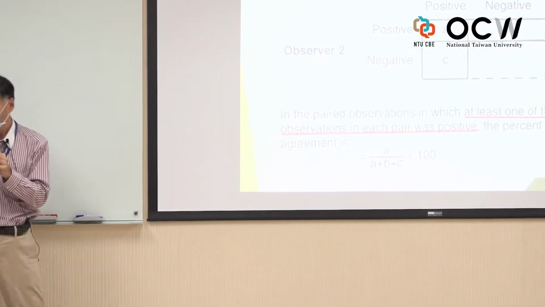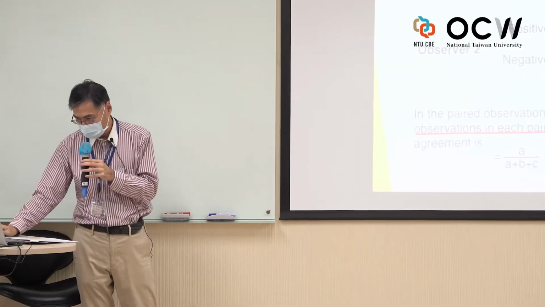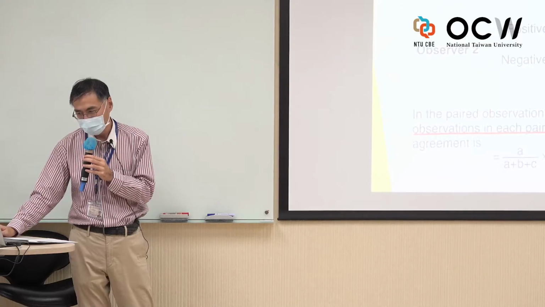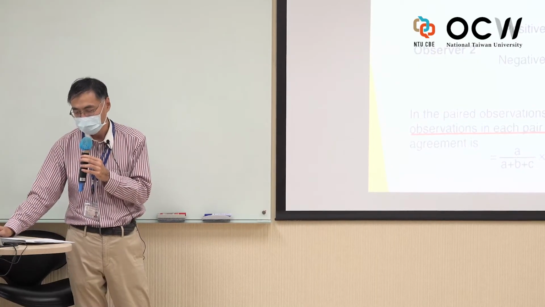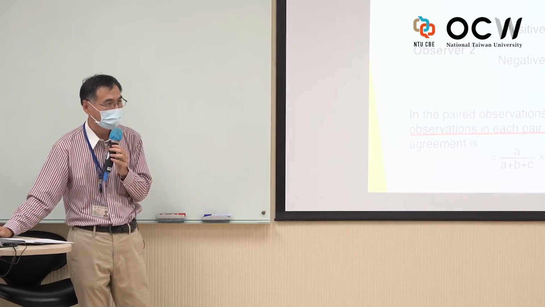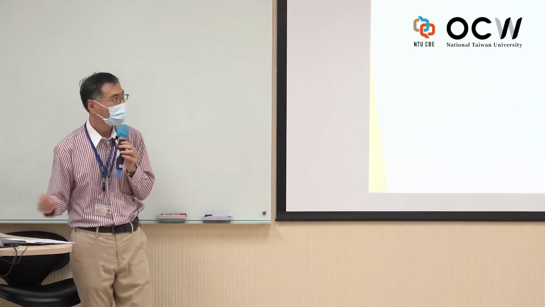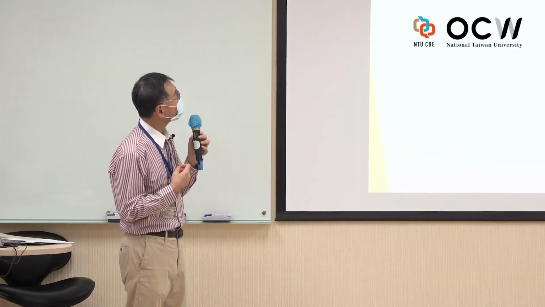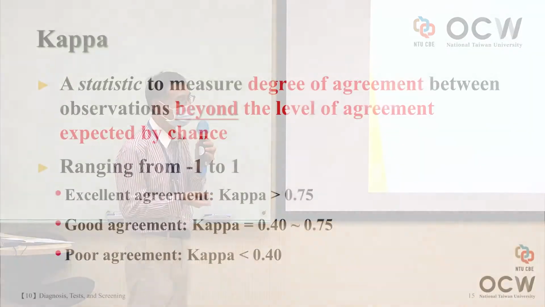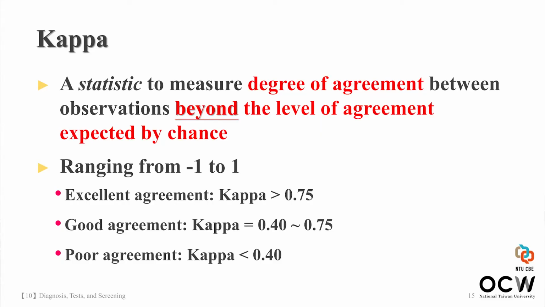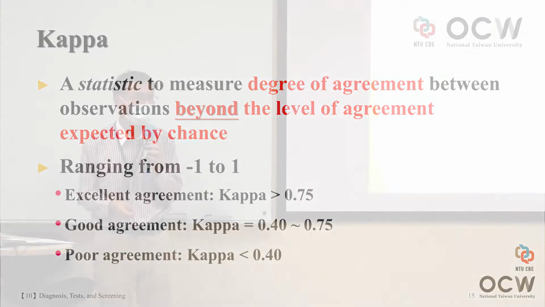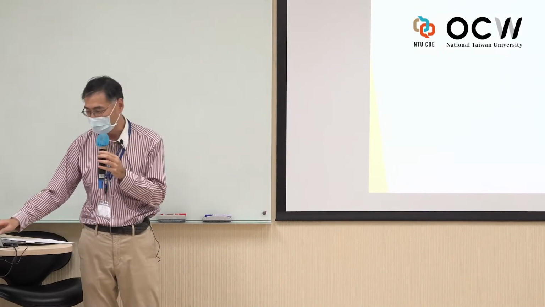But some people argue that this is not really making sense because the consistency could happen by chance. So some smart people developed Kappa, which is an indicator about consistency, getting rid of the consistency happening by chance.